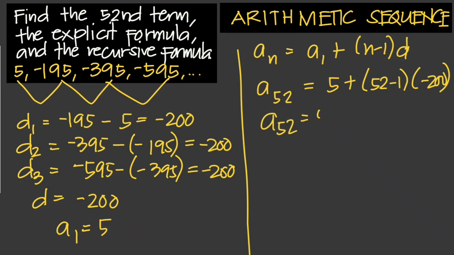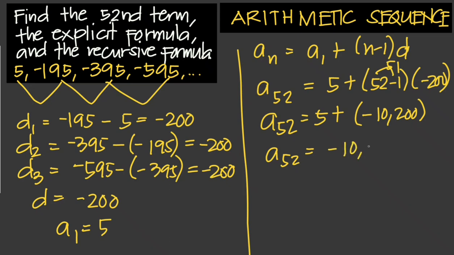Let's simplify that. This is 51 times negative 200, which is negative 10,200. So 5 plus negative 10,200 is negative 10,195. Therefore, our 52nd term is negative 10,195.